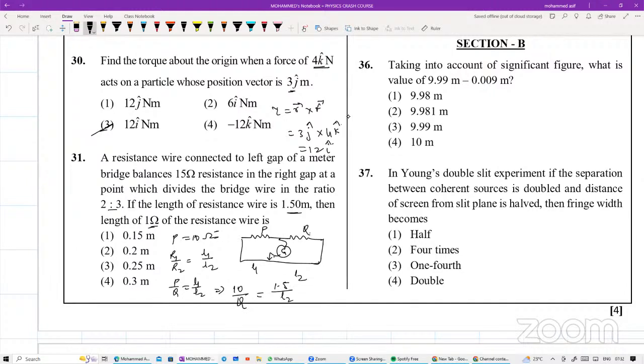Divided by L2, which we have to find out. And what is the value of Q, beta? Okay, 1. The problem gives Q as 1 as well. What will the value of L2 be? L2 is equal to 10 divided by 1.5 divided by 10. What will it be? 15 divided by 100, that will be equal to 0.15 meters approximately. Very good.